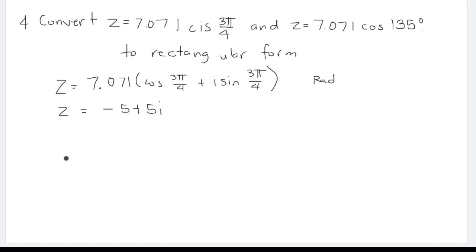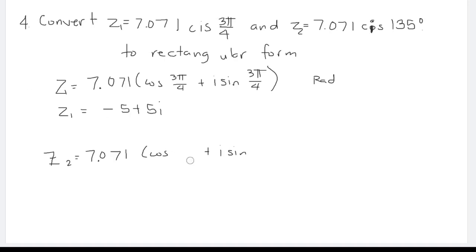So that is the conversion. So let's say this is C1 and this is C2. For C2, same with C1, we just copy the r or the absolute value. Then we expand 3 pi over 4. Sorry, this is cis, not cos. Cis, plus i sine.